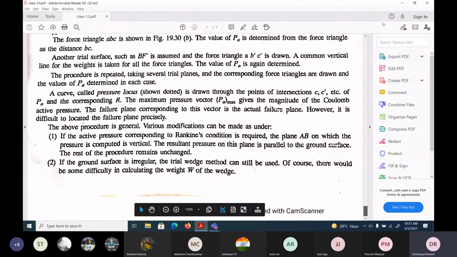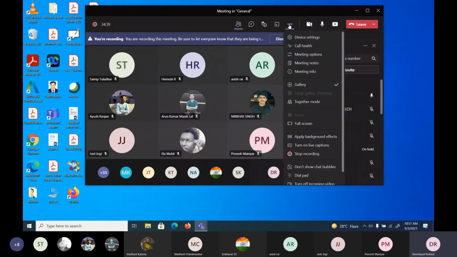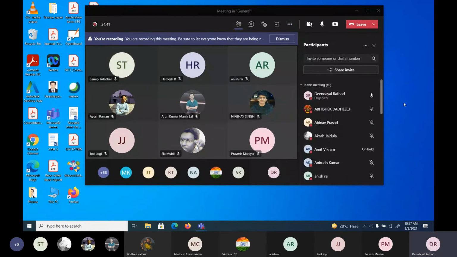You just go through this, a very simple chapter where we have discussed Rankine's earth pressure theory and Coulomb's earth pressure theory. Once you are confident with the vertical stress at a depth z, we can find out the horizontal stress by multiplying it with K naught, Ka, and Kp.